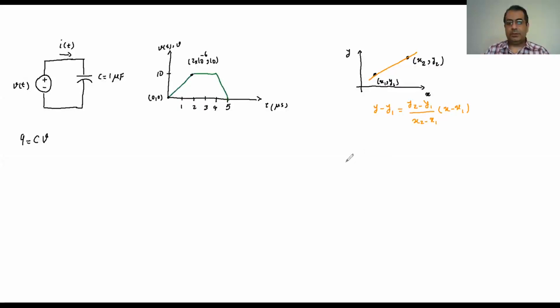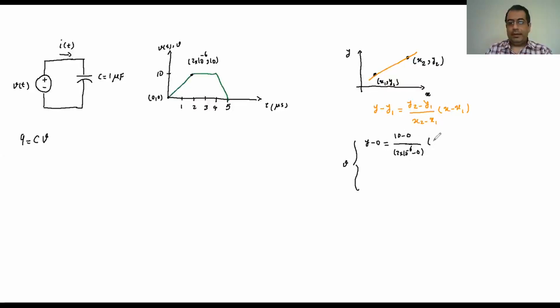For the first one, I'm going to write it here. So the voltage here, again, y2 minus y1, so it's going to be y minus 0, because y1 is 0, is equal to y2 minus y1, so y2 is 10 minus 0. And then x2 minus x1, so it's going to be 2 times 10 to the negative 6 minus 0.